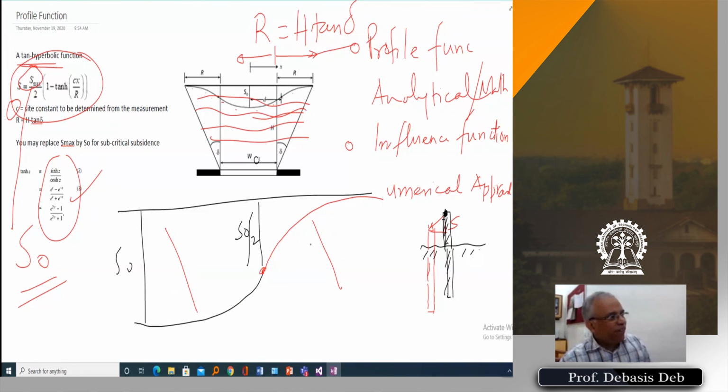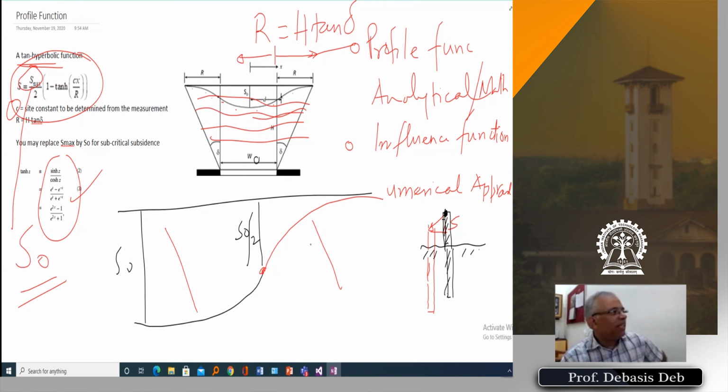If I know the value of C, I'm not only predicting the maximum subsidence, I'm also predicting the shape of that subsidence along a particular horizontal line.